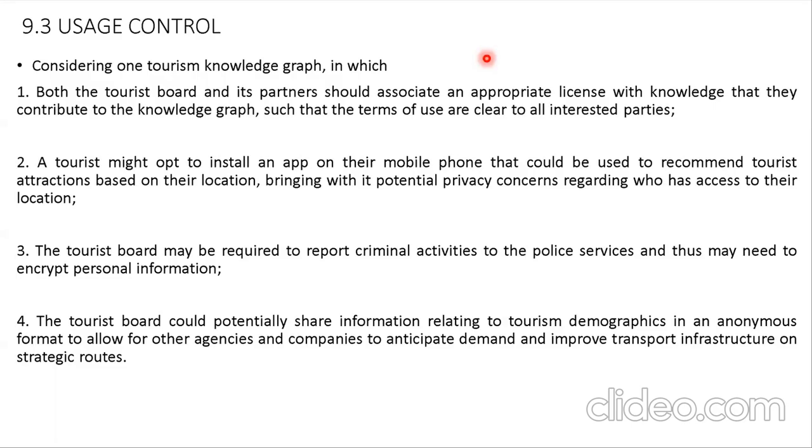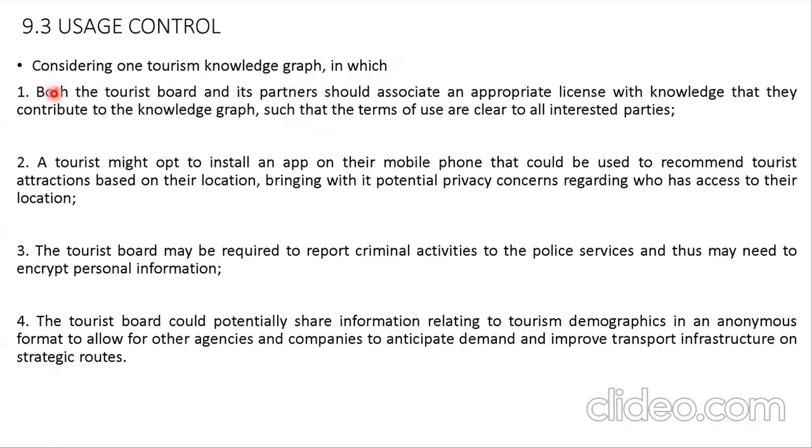So now we will move into the usage control section. One might assume that the knowledge required to deliver the service is public and thus can be used by both the tourism board and the tourist.